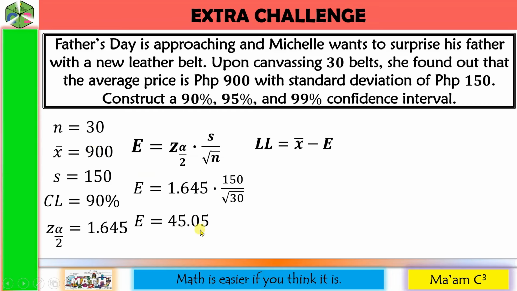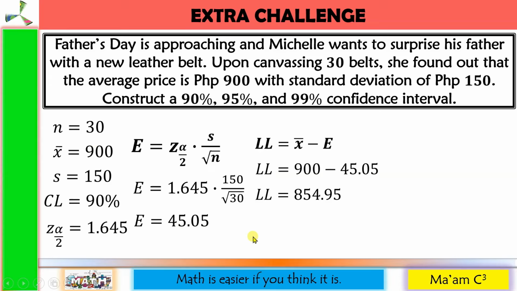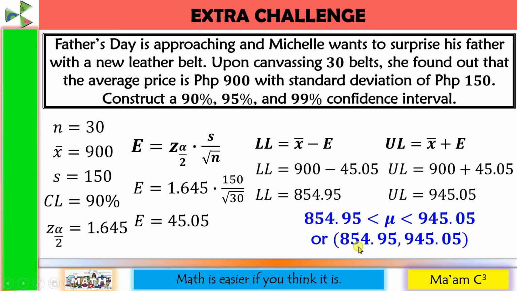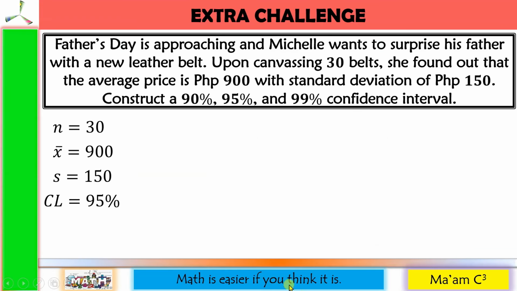So 900 minus 45.05, and that will be 854.95. For the upper limit, that is the sample mean plus the margin of error, and that is 945.05. Therefore, the interval is mu is less than 945.05 but greater than 854.95.